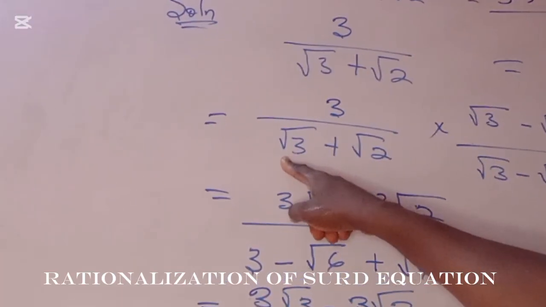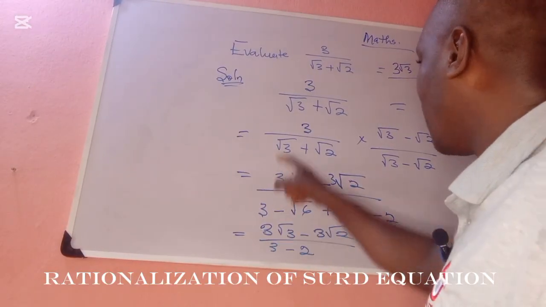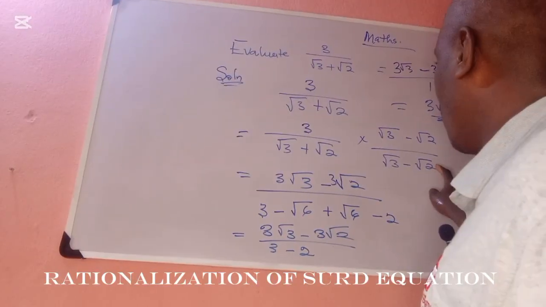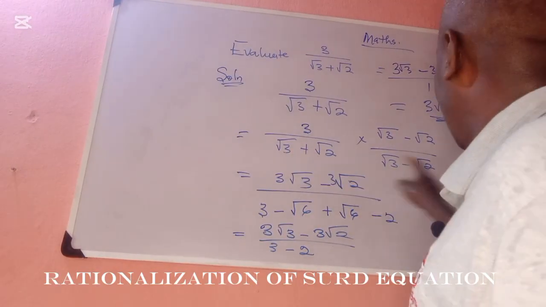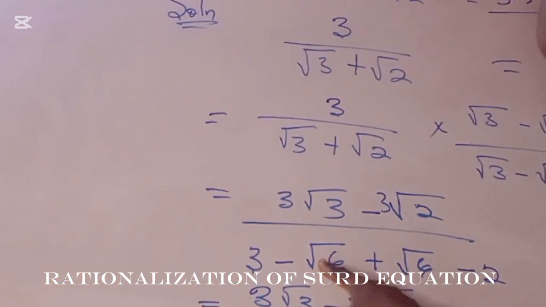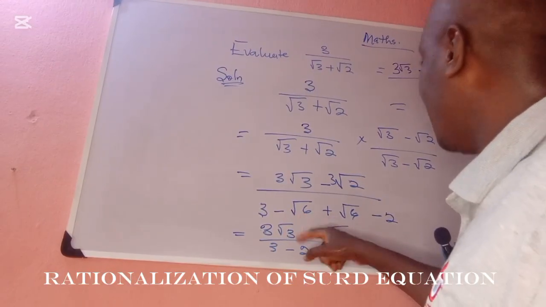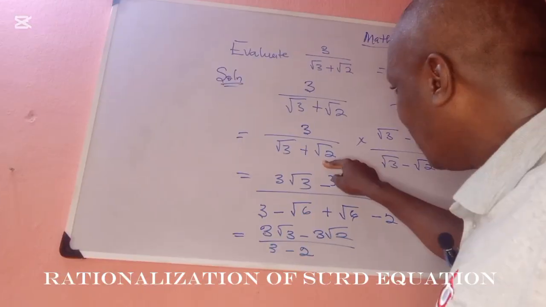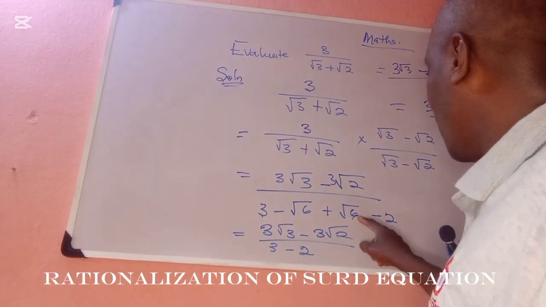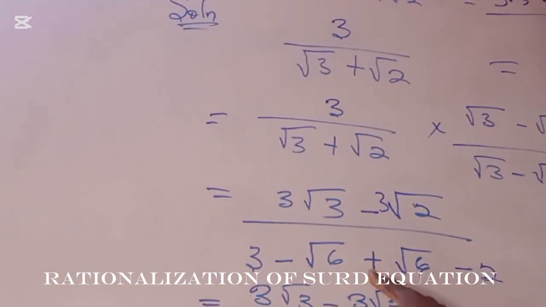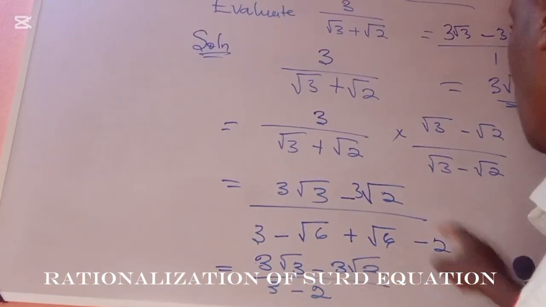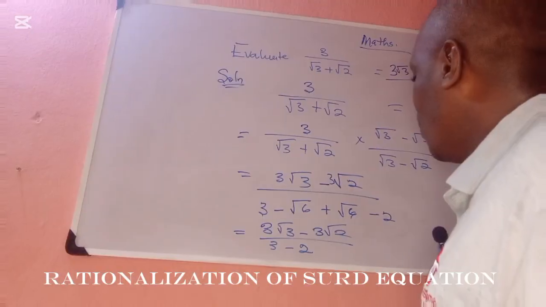Root 3 times root 3 will give us 3, because the square root will go off. Then root 3 times minus root 2 will be minus root 6. Then root 2 times root 3 will give us plus root 6. Then root 2 times root 2 will give us 2, because the square roots go off.